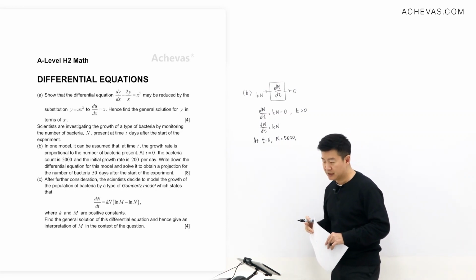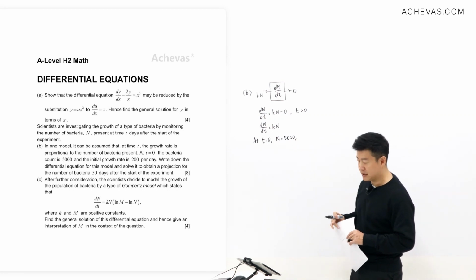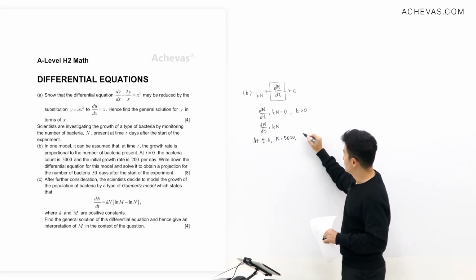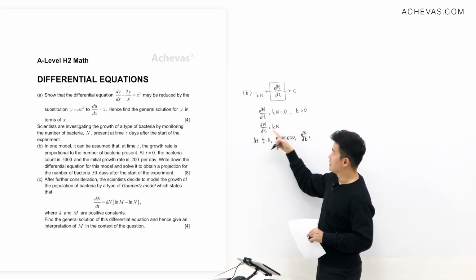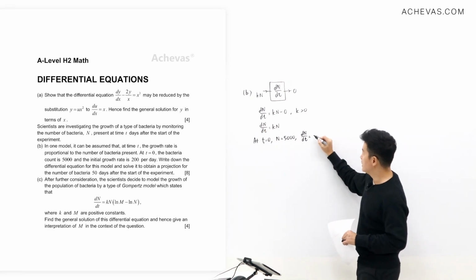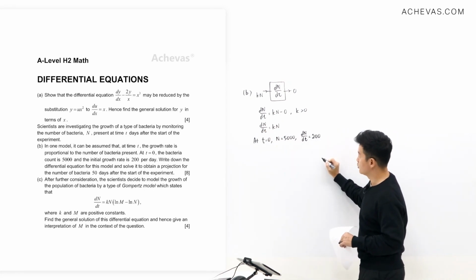The question also mentioned that the growth rate during this moment is 200 per day. So growth rate will be dN/dt, because the growth rate is directly dN/dt. So dN/dt is equal to 200.